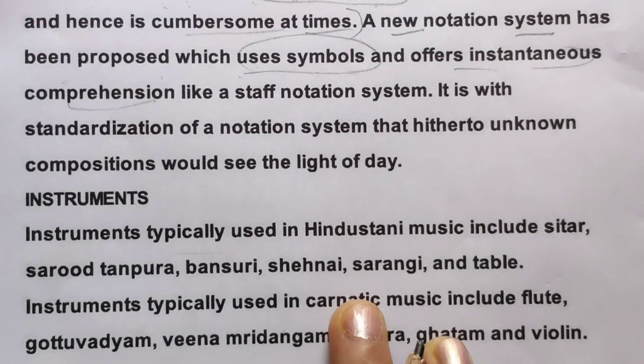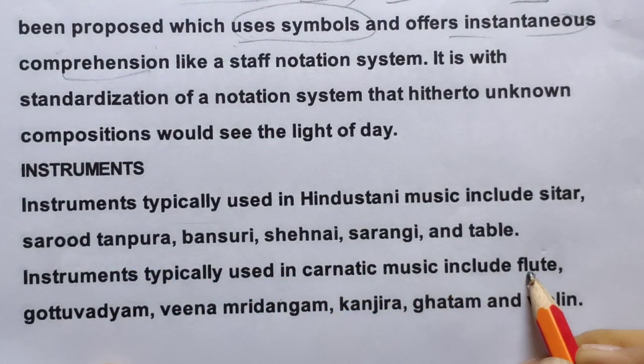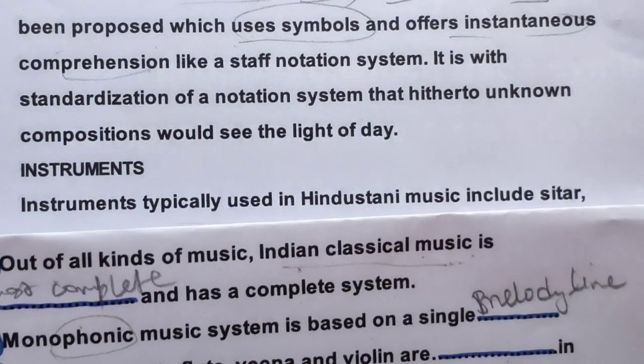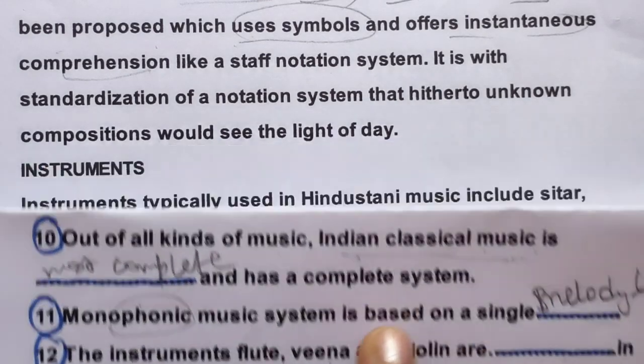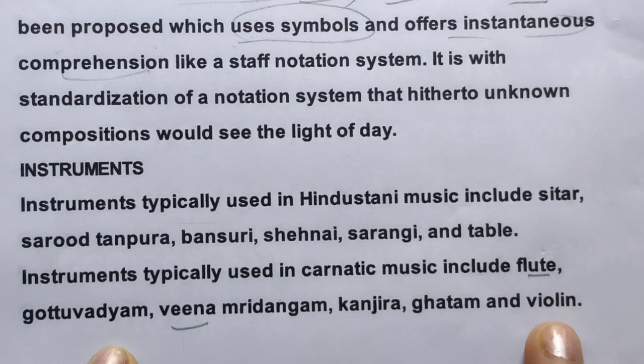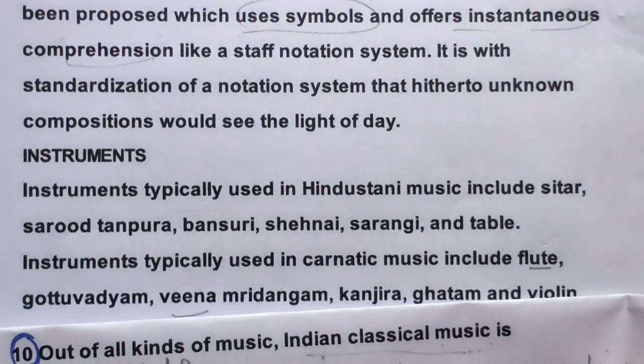Yeah, in the last paragraph they have given, see this, where flute is there, veena is there, and the last word violin are dash in. So okay, they have given three options and violin is also there. What are they? Instruments. Okay, the line you can see, I will show you the full line.